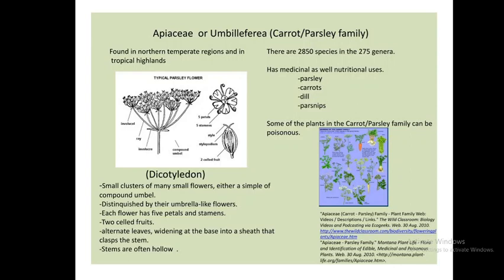Now, flower. In this family, the flowers are bracteate, complete, regular, but in Coriandrum, the peripheral flowers are zygomorphic, bisexual, rarely unisexual or polygamous, pentamerous and epigynous.